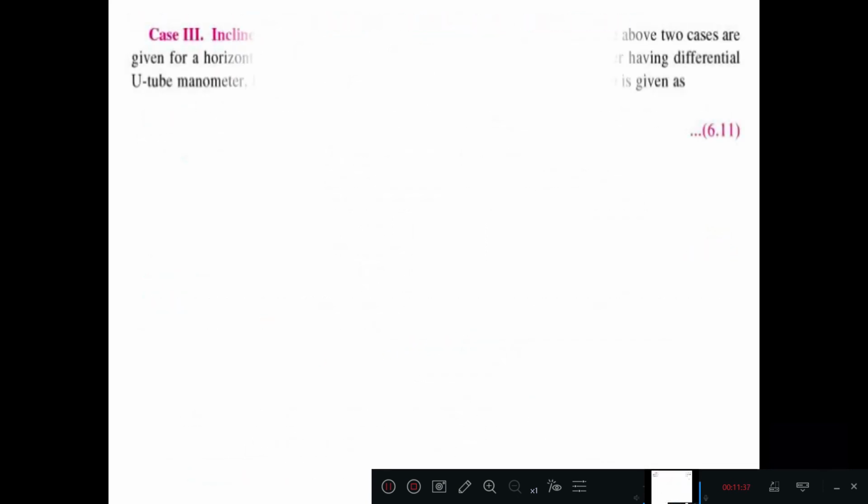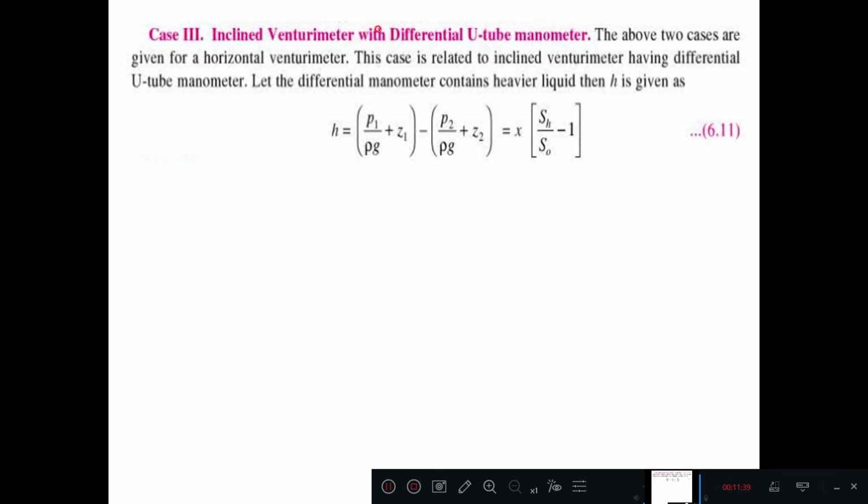Similarly, for an inclined venturimeter with a differential U-tube manometer, the above two cases are given for a horizontal venturimeter. This is the case related to an inclined venturimeter, or you can take it as a vertical venturimeter, having a differential U-tube manometer. If the differential manometer contains a heavier liquid, then H can be given as P1 by rho g plus Z1 minus (P2 by rho g plus Z2).